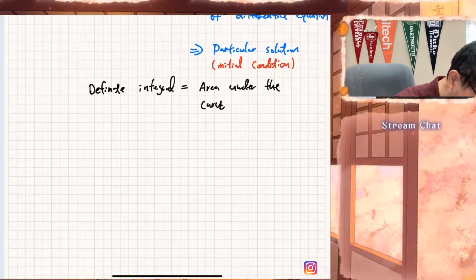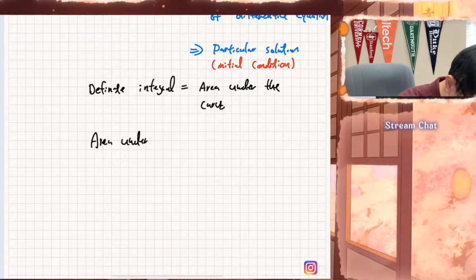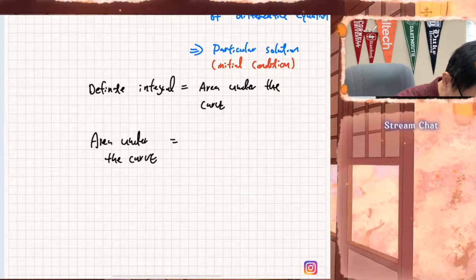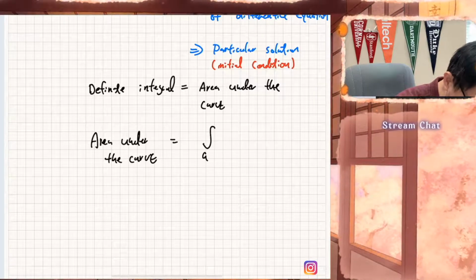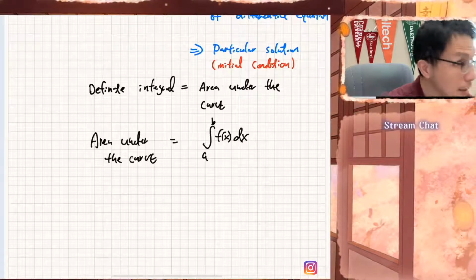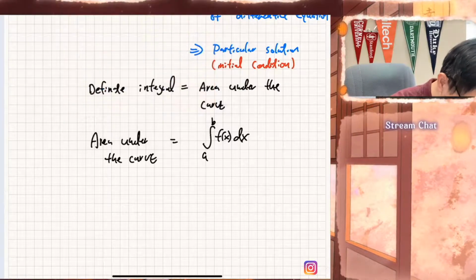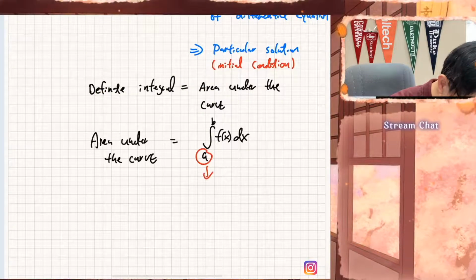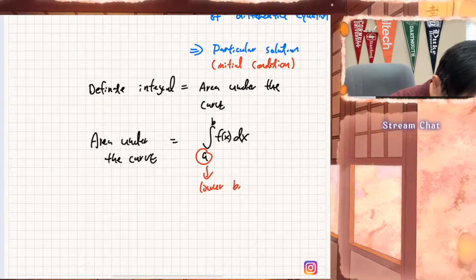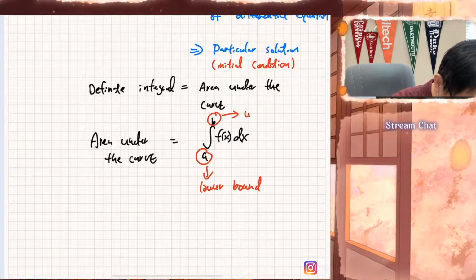Okay, so the area under the curve is equal to the integration between a to b of f of x dx. So what is a and what is b? a is called the lower bound. And this is called the upper bound.